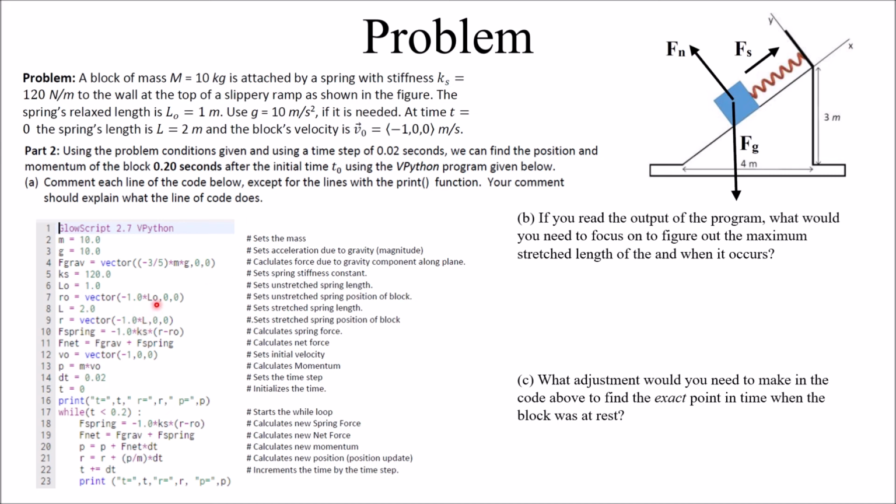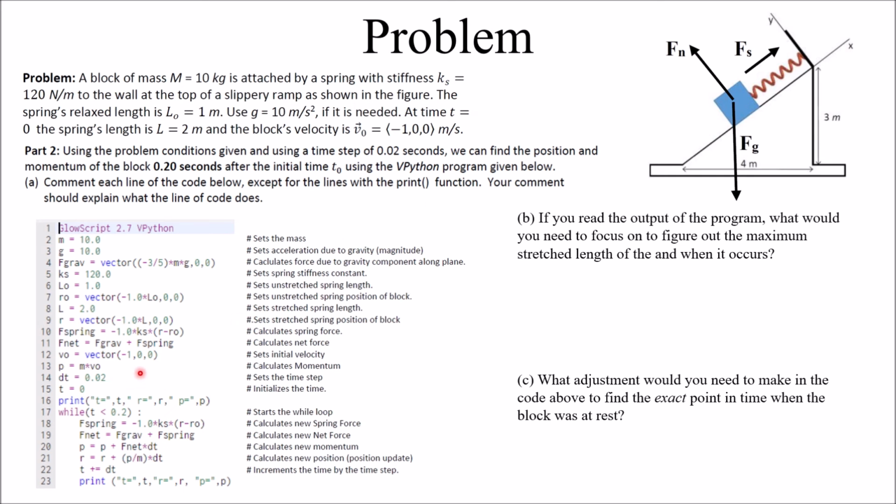And so we know that the force of the spring, we got to kind of plug in the Hooke's law formula. We basically have the net force coming from the gravity and the spring along that x. Remember, we said it was a battle between gravity acting down the ramp and the spring acting up the ramp. And so we also can set the initial velocity that they gave us to be down the ramp, so it's initially traveling down the ramp.